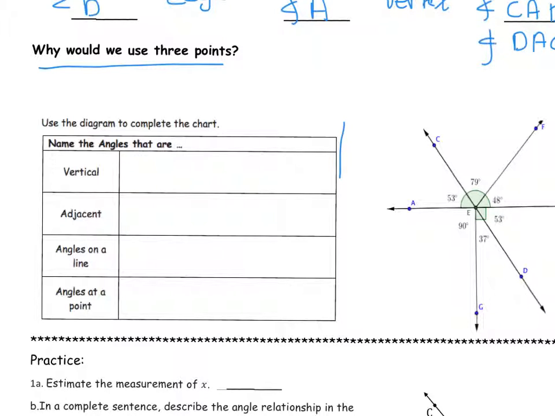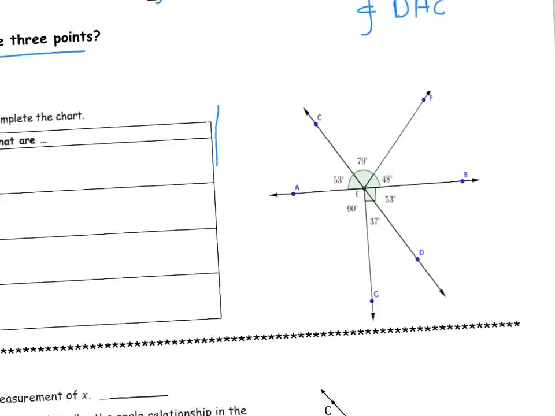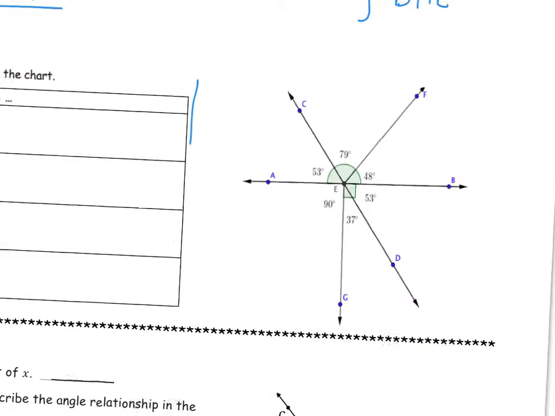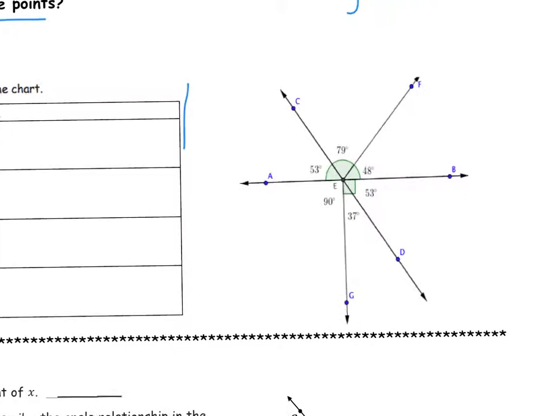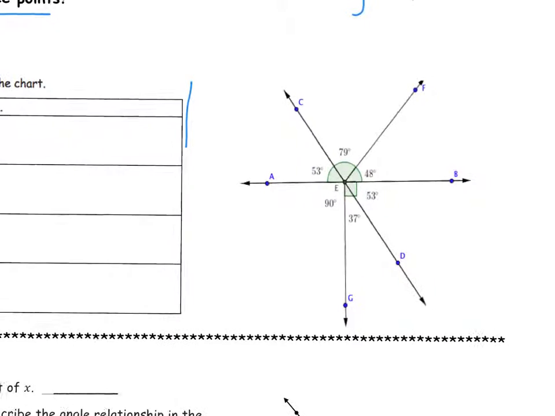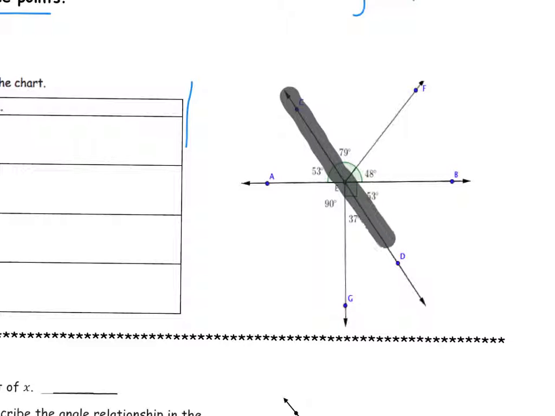So first we have to find two angles that are vertical. So we're going to come over here, and I'm going to just find 2 lines that intersect. 2 lines, so not line segments, 2 lines. So I'll do this one. So if I have this line, it's kind of dark, it intersects with this line.